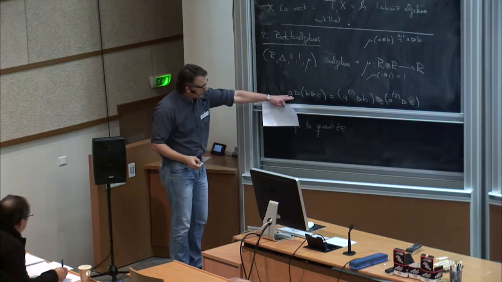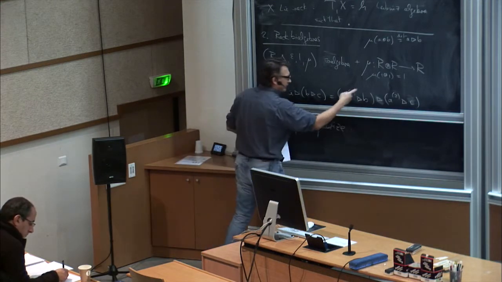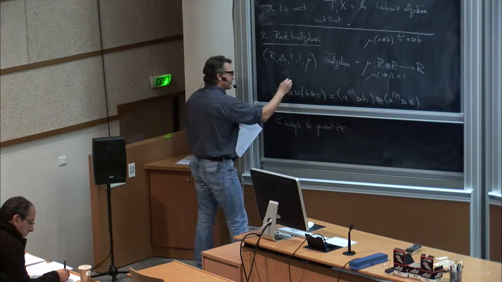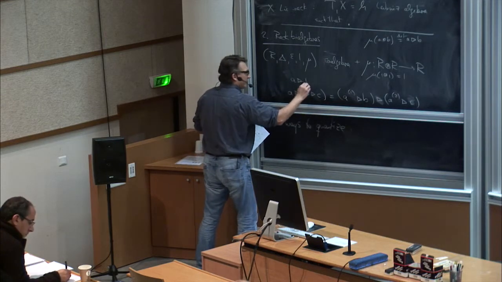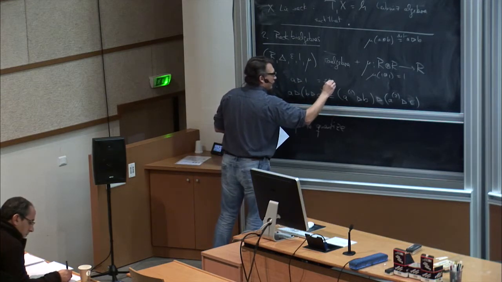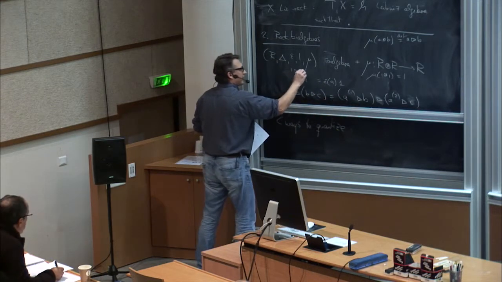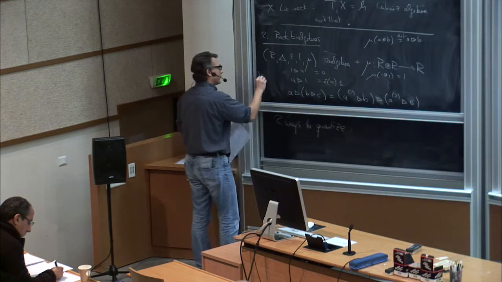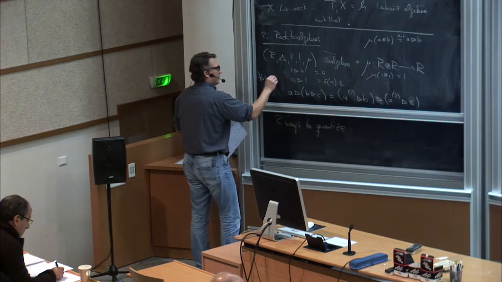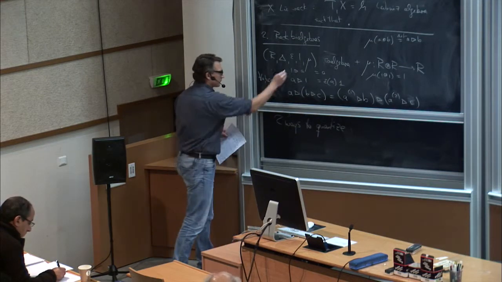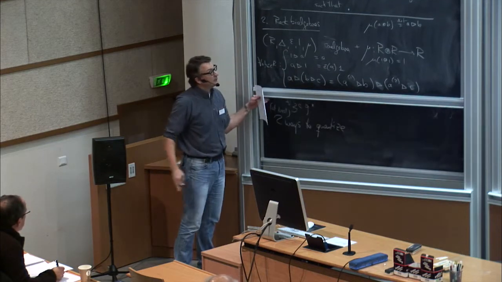So this is the linearized self-distributivity relation in Sweedler notation, and then you have acting on 1 gives you this, and 1 acting on A gives A, for all A, B, C in R. So this is a rack bialgebra.